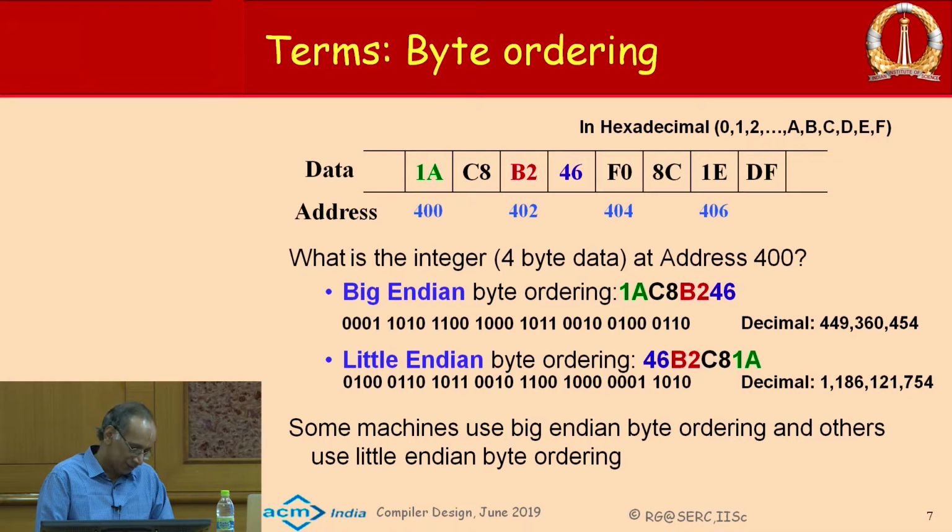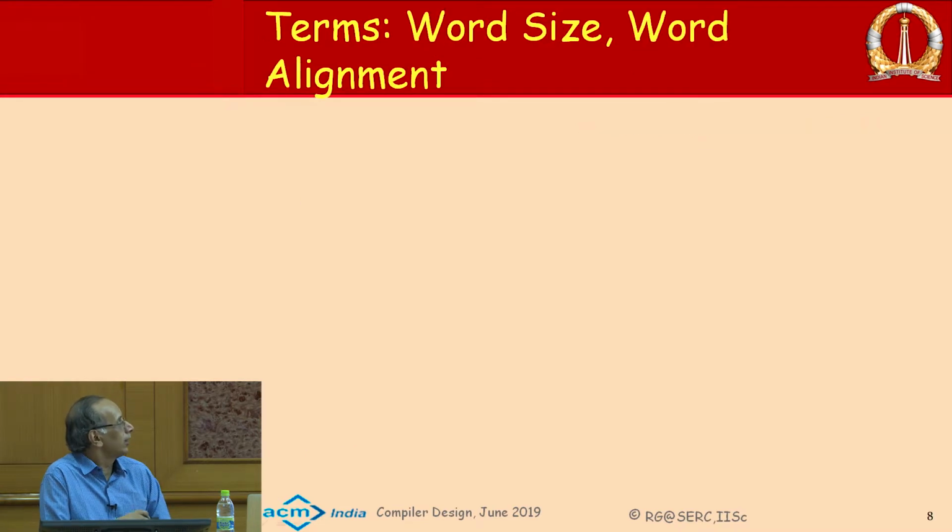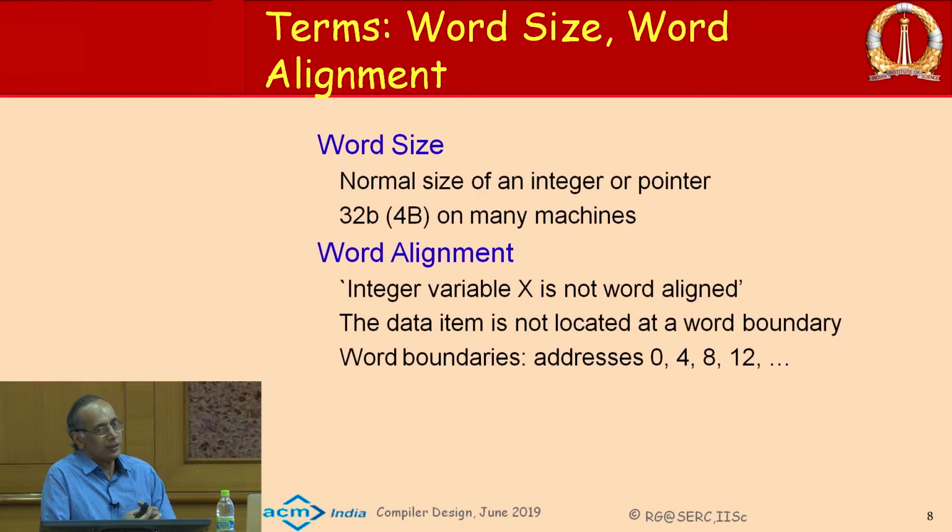Convincing? We need to also see a little more detail about words, alignment and so on. Let us talk about that. Typically we access an integer or a float and things like that, which are 4 bytes long.